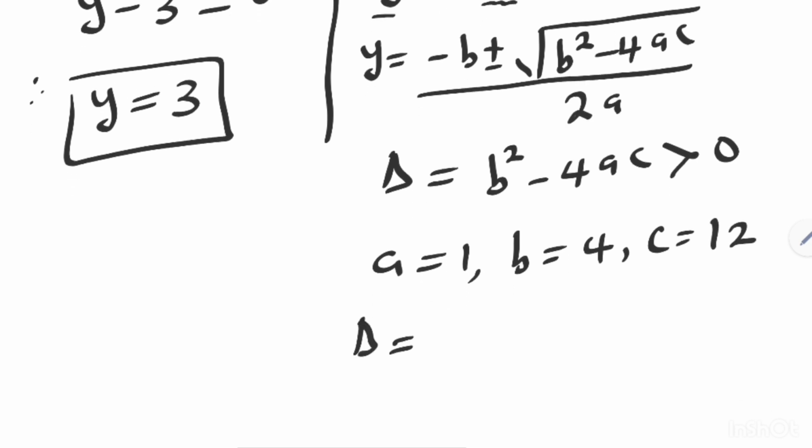D is equal to 4 squared minus 4 multiplied by 1 multiplied by 12.